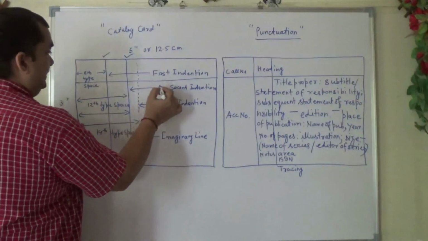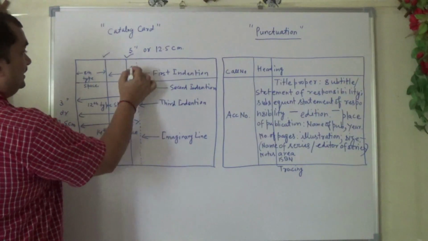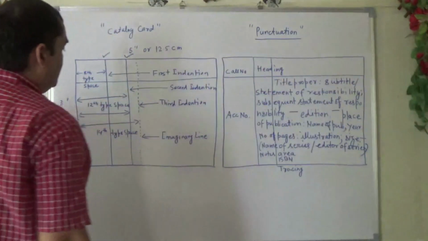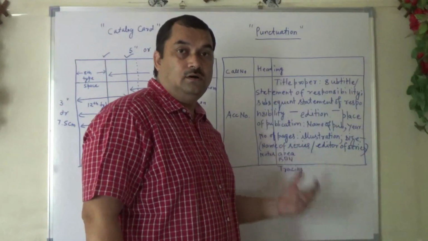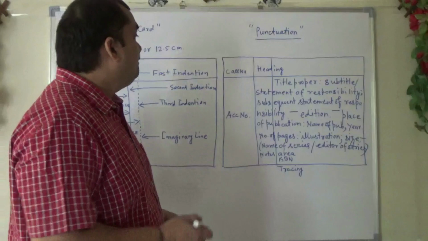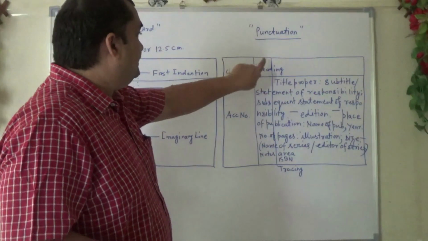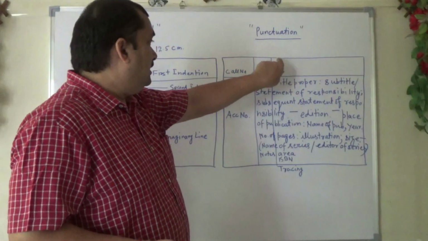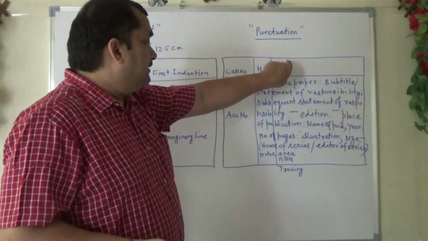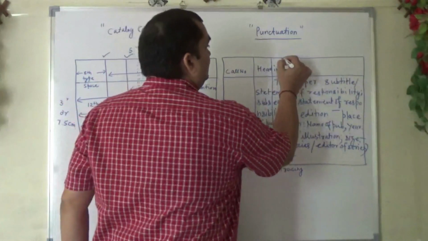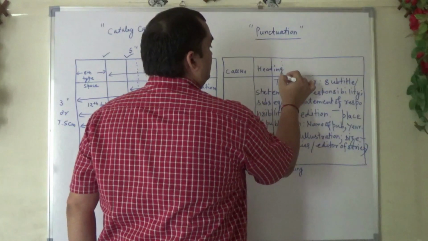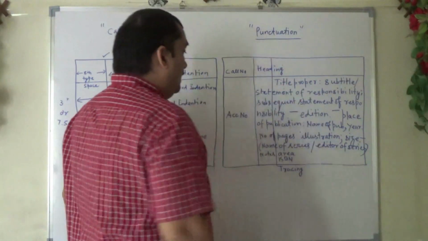I'm just going to talk about how we used to prepare the catalog in case of different author or title. So this is the first indentation, this is the second indentation, and the imaginary line I have not marked here, but generally it used to appear after the 14th typing space, like this.